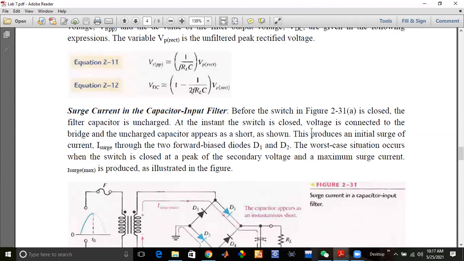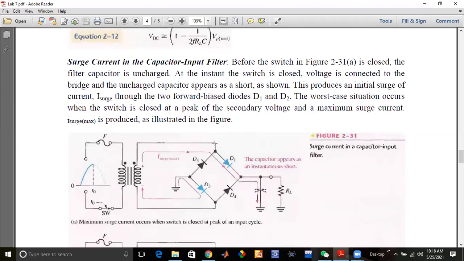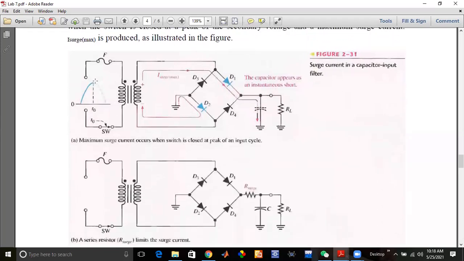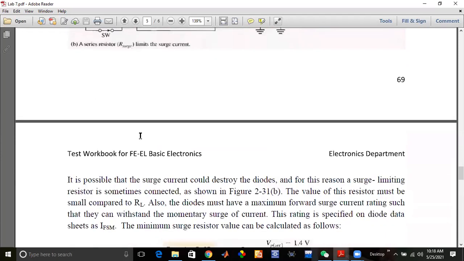At the instant the switch is closed, the voltage is connected to the bridge and the uncharged capacitor appears as a short, as shown in the figure. Here we use the switch for seeing the operation, but no need of this portion. This produces an initial surge current through the two forward biased diodes D1 and D2. The worst case will occur when the maximum voltage appears. No need of this.